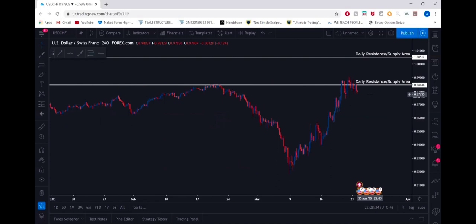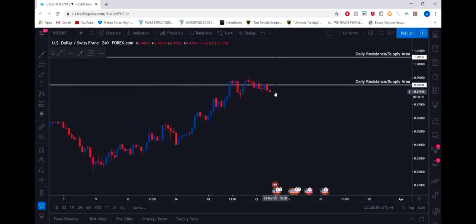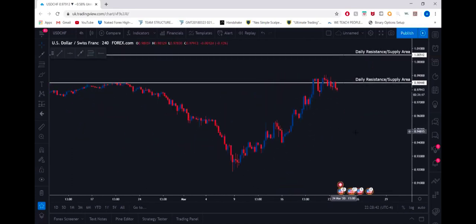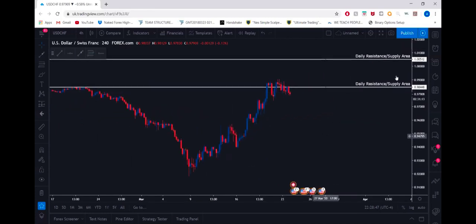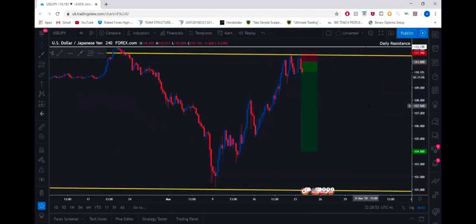Might decide to sell on the break of this low here. So like I said, same as the USD CAD, I'm gonna be watching this pair at the moment.